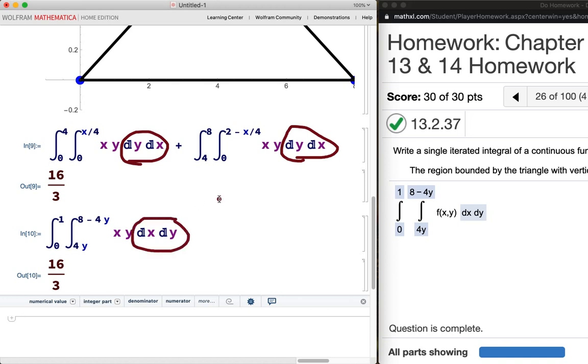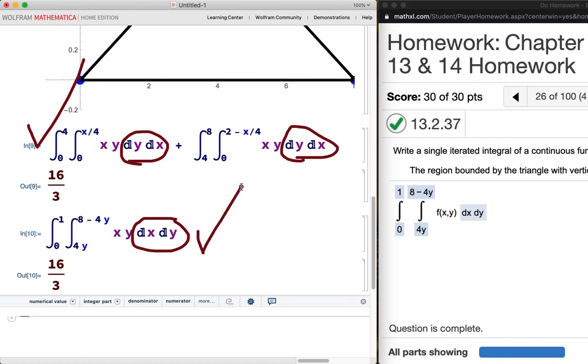Now, personally, for a problem like this, the way my brain visualizes it, I actually prefer this approach. It may look like more work, but it's easier for me to visualize. But this other approach actually works just as well.